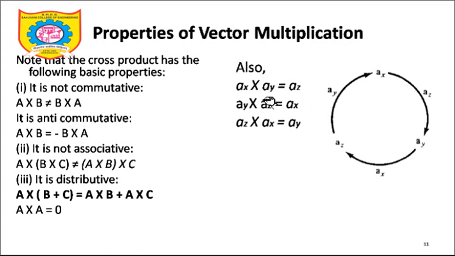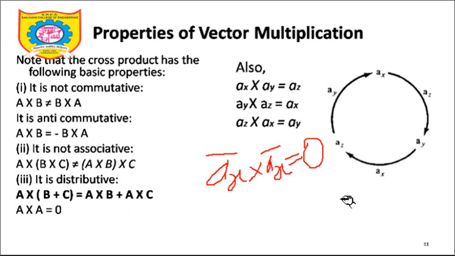If you do remember, for the dot product, AX dot AY was 0, AY dot AZ was 0, AZ dot AX was 0. And AX dot AX, AY dot AY and AZ dot AZ were equal to 1 in the dot product. But in this case, AX bar cross AX bar is 0. So the cross product between similar vectors will be 0, because according to the definition, the angle theta between similar vectors is 0 and sine 0 is 0.